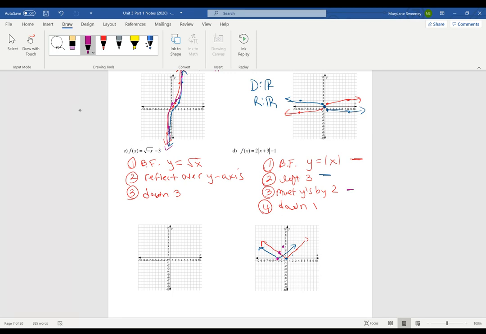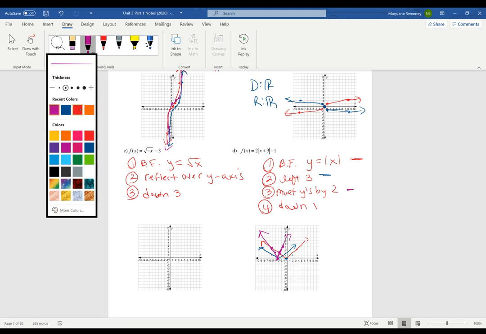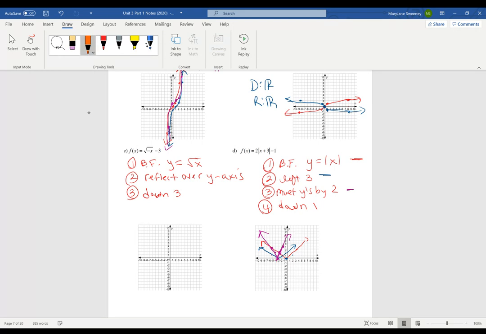Where it's at 1, it's going to go up to 2. Where the y is at 2, it's going to go up to 4. And basically you're going to have this, but it vertically stretches. And then finally from there, you're going to go down 1. So every point is going to move down 1.